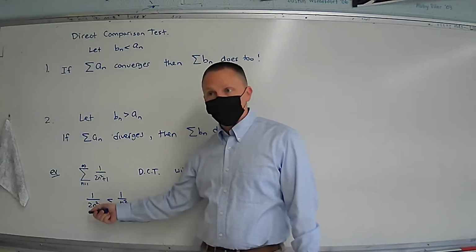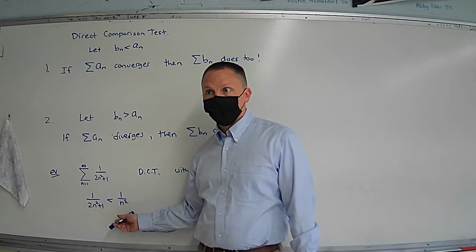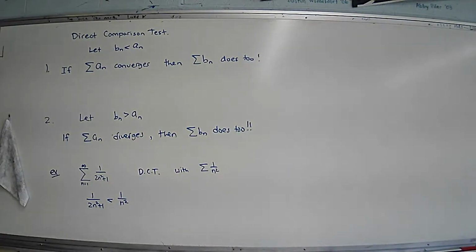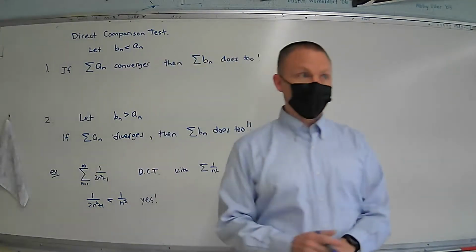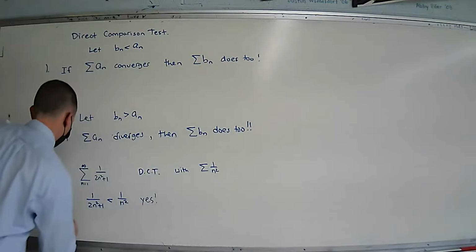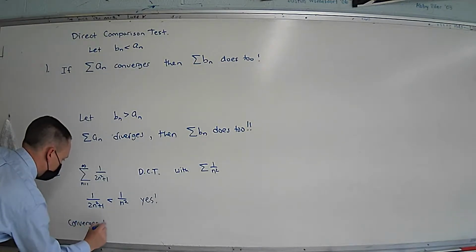For various values of n, this is bigger than this. Which means that the actual fraction is going to be smaller. So the answer to this question is, yes, it is less than, isn't it? And because I just showed that that is less than something that I know converges, our conclusion is this converges by the DCT.